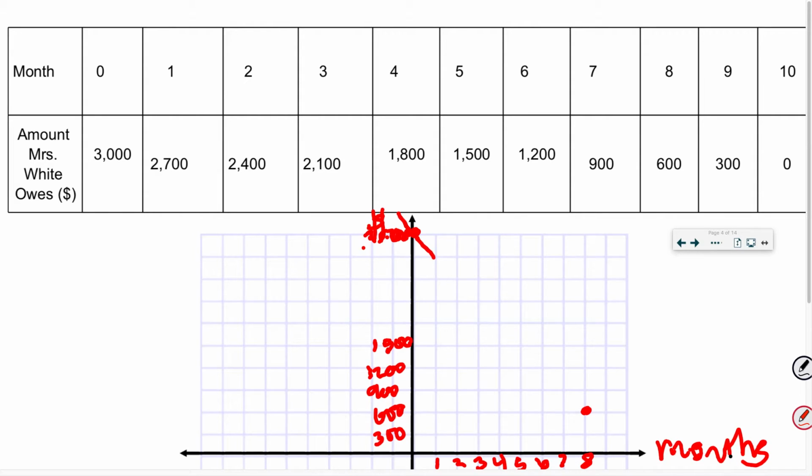Now we can make our line. Is our line increasing or decreasing? Decreasing. Why do you think it's decreasing? Because you're paying $300 per month. Yes, because the amount we owe is lessening each month. We owe less and less each month because we're paying back monthly.